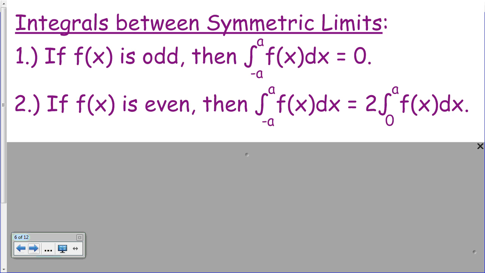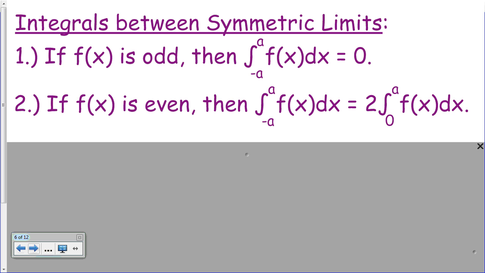That's the symmetric limits we're talking about, symmetric around x equals 0. So it says here, if f of x is an odd function, we'll have to remind ourselves here in a second what an odd function is. But if f of x has the property of being an odd function, then the definite integral from -a to +a of f of x dx turns out to be 0. That turns out to be real easy to integrate. It's always 0.